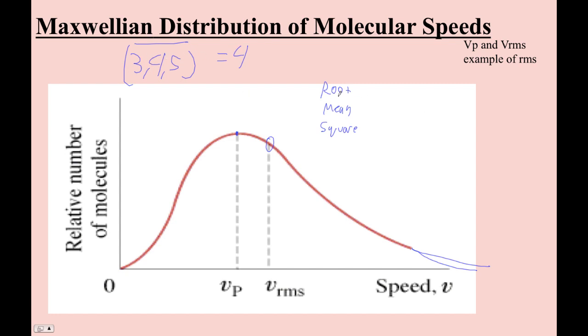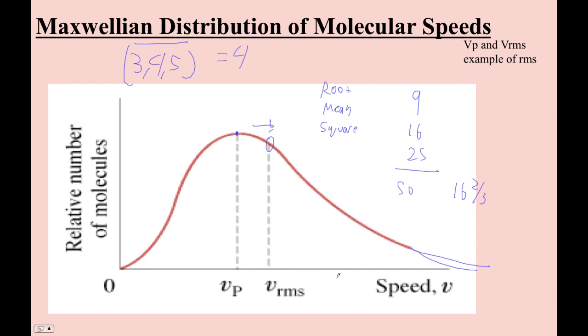But if I take the root of the mean of the squares, let's square them first: 9, 16, and 25. That adds up to 50. Divided by 3 is 16 2/3, and the square root of 16 2/3 is more than 4. So RMS values tend to skew toward the higher end, because when you square them, the higher numbers contribute more to the square.